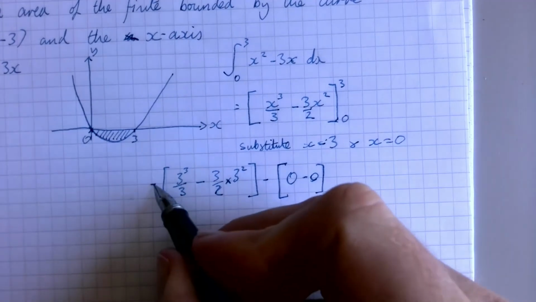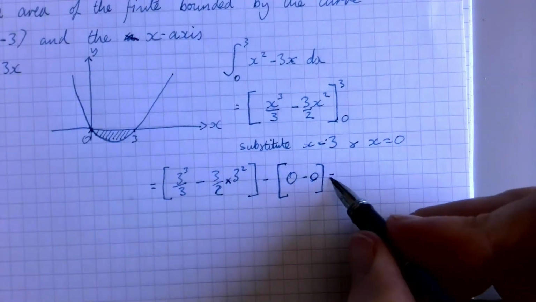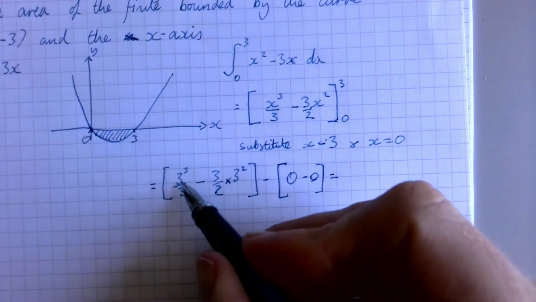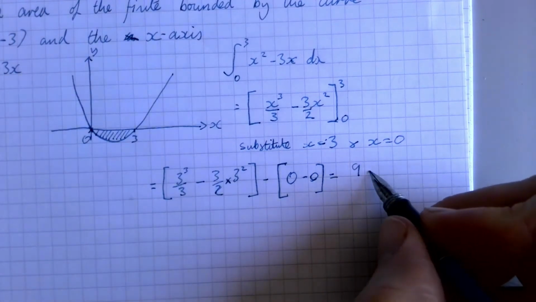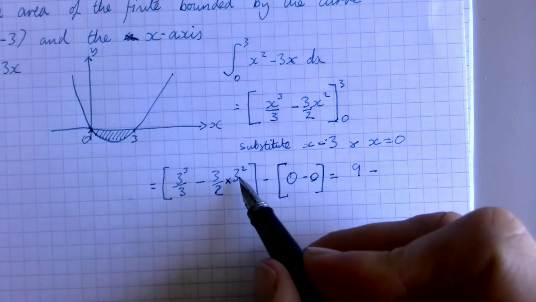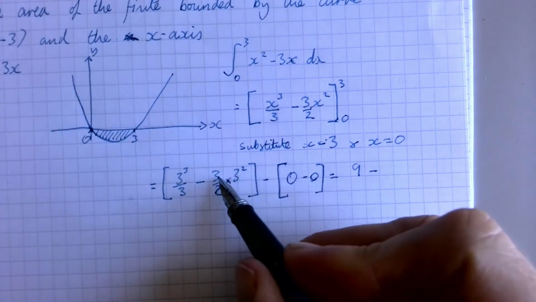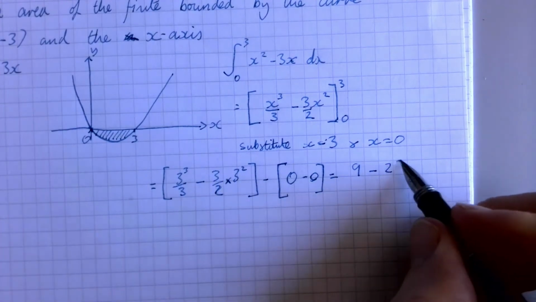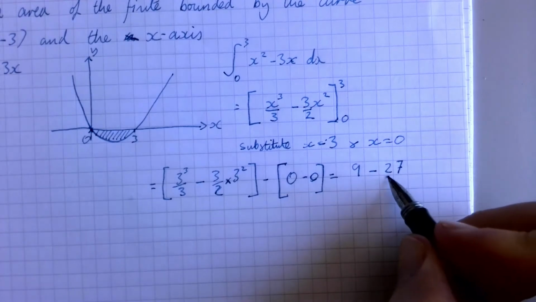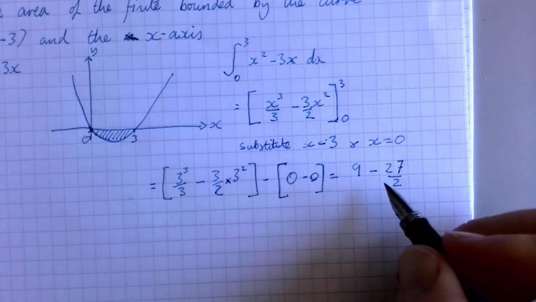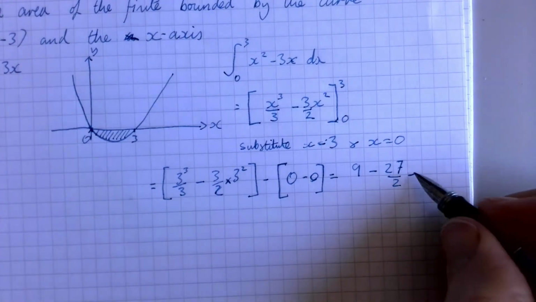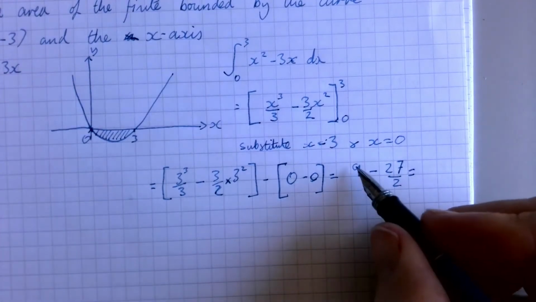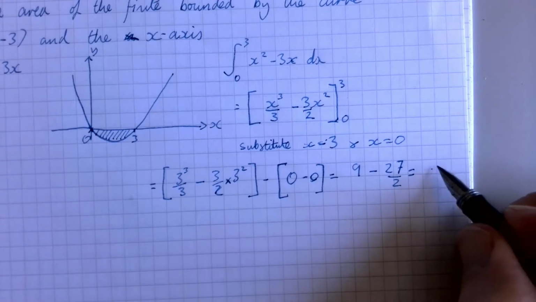So looking at that, that's just going to give me 27 over 3 is 9, minus, this is 9 times 3 is 27 over 2. So 9 minus 27 over 2, which you can work out as being 18 over 2 minus 27 over 2, gives us minus 9 over 2.